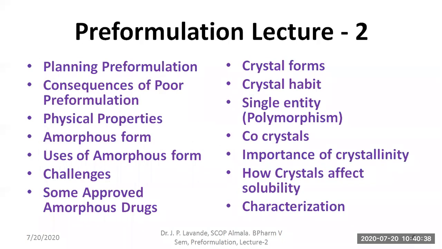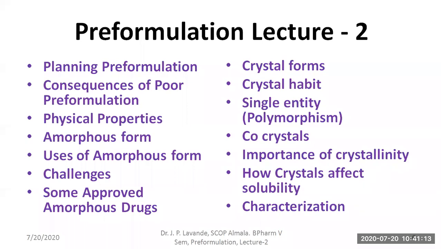Now, in today's lecture, we have to study the planning aspect of pre-formulation, the different consequences of poor pre-formulation, and the physical properties like the amorphous form, the uses of the amorphous form, the challenges in use of the amorphous form, and some approved examples of drugs in the amorphous form.